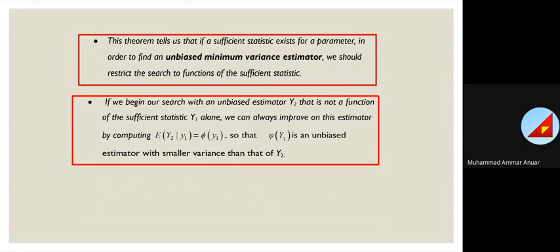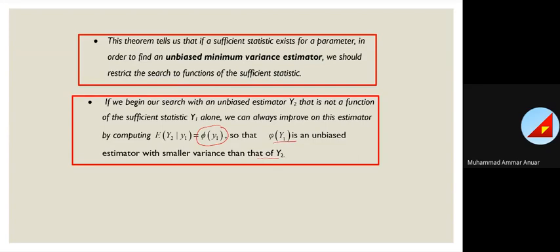But if we begin our search with an unbiased estimator Y2, that means we prove that the expected value of Y2 is equal to theta, where Y2 is not a function of the sufficient statistic Y1 alone. We can improve on this estimator by finding the conditional expectation, the expected value of Y2 given Y1, which is equal to phi Y1, so that phi Y1 is an unbiased estimator with smaller variance than Y2.